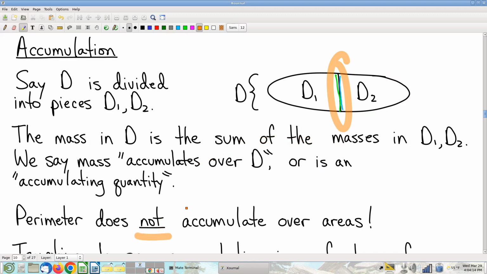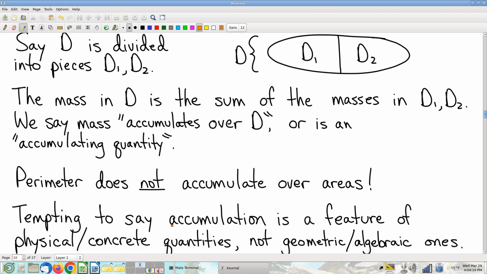Okay. Now, let's try to put our finger on, in some sense, why did this not work? We don't have to get precise about this. It's tempting, though, to oversimplify and say, well, look, mass is a physical, concrete thing, and the rules of our physical universe are that you just can't create or destroy mass by making arbitrary distinctions about where I draw lines. Mass is what it is, right? And so, in some sense, the physical reality of the universe is why mass is an accumulating quantity, right?